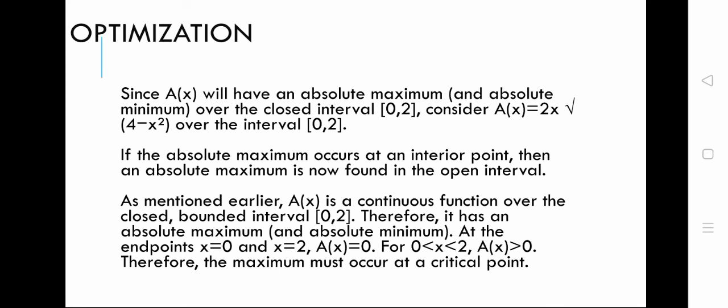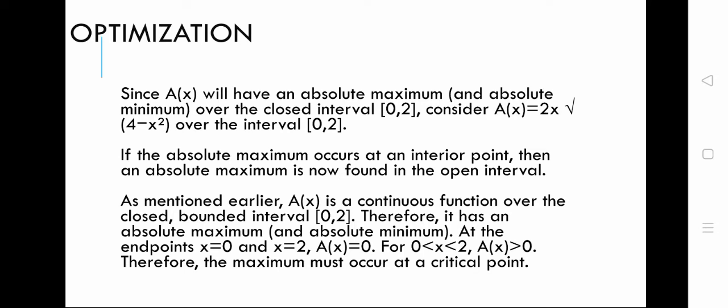Since A of x will have an absolute maximum value over the closed interval 0, 2, consider A of x is equal to 2x multiplied by the square root of 4 minus x squared over the interval 0, 2. So yun, in-apply na lang natin yung interval para mas madali tayong mahanap ng maximum value.